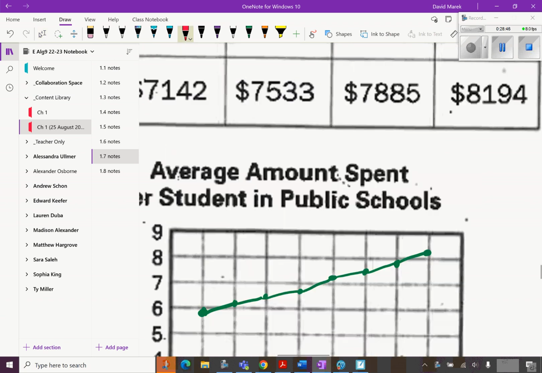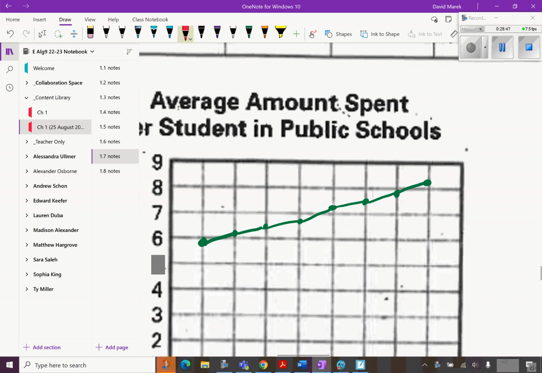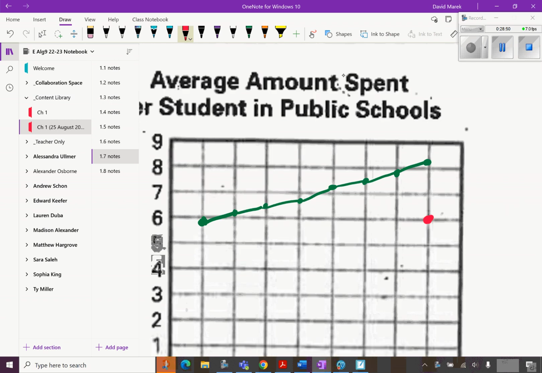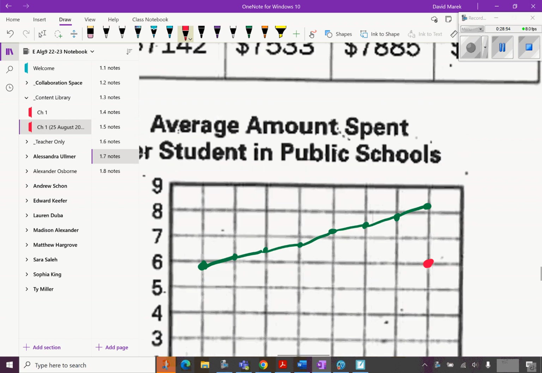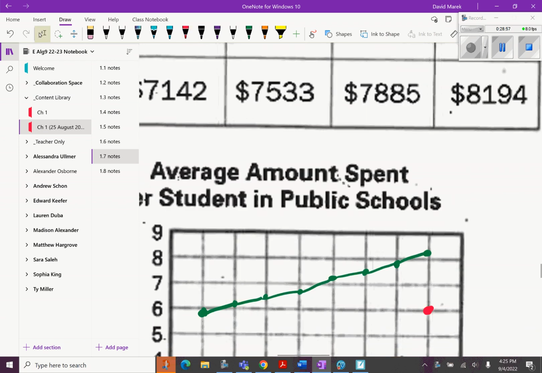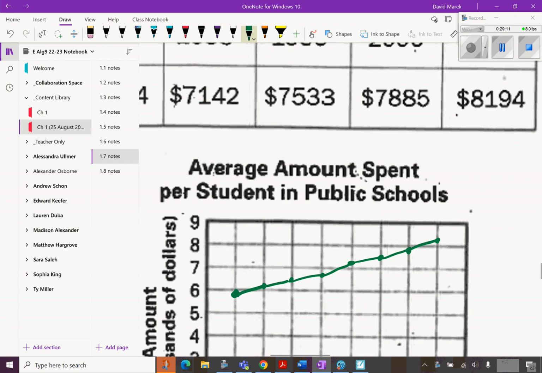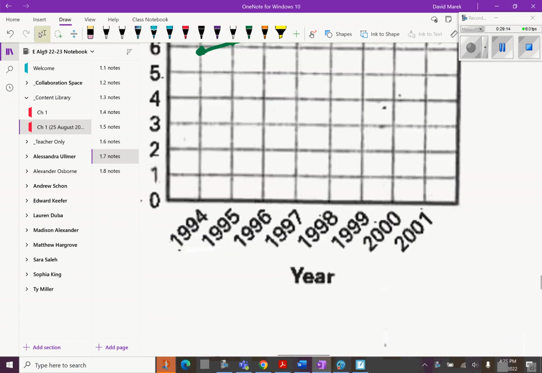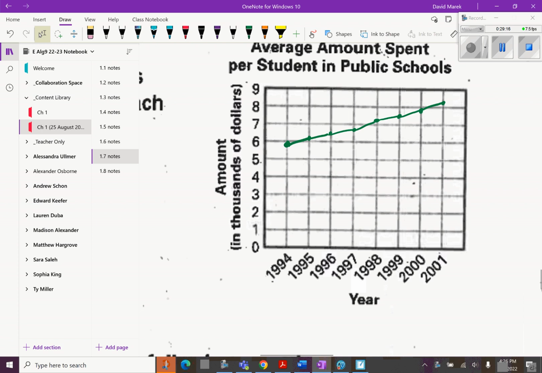If that last one is supposed to be 8,194 and you put a dot right there, yeah, I'm going to mark that wrong. That's 6,000. That's not 8,194. But if you have it here rather than there, I am not going to worry about that at all. Okay? So again, just dot to dot to dot to dot all the way across there.